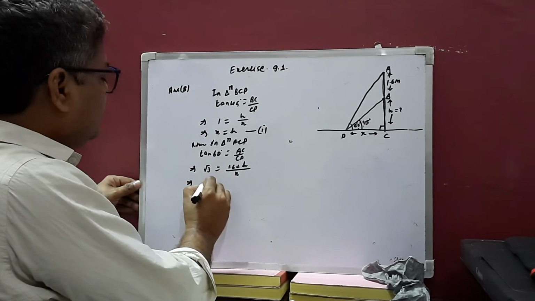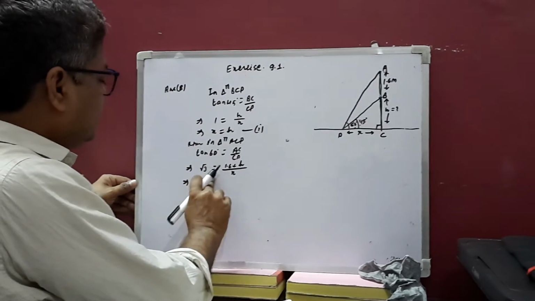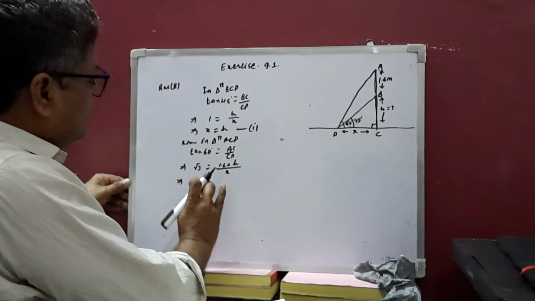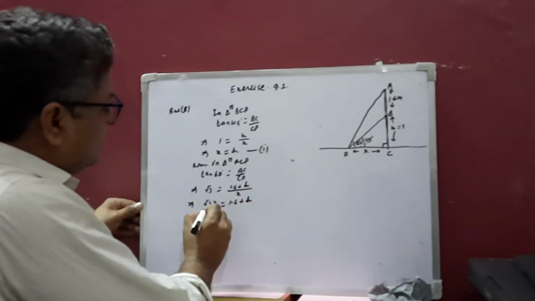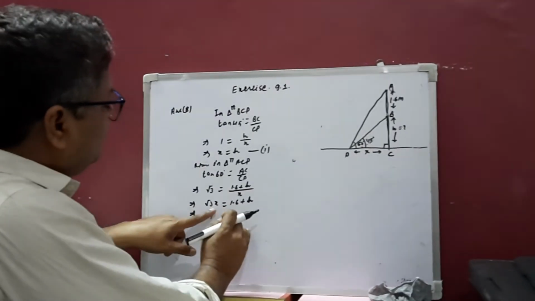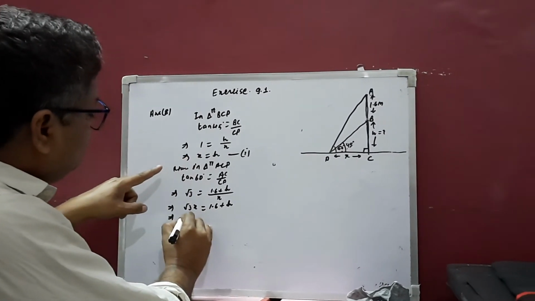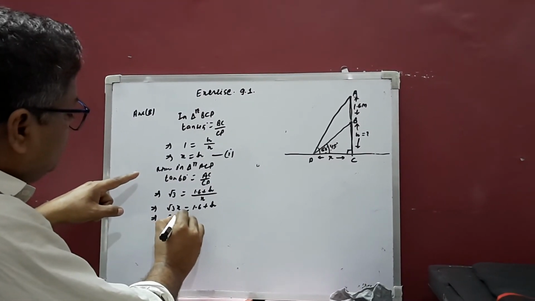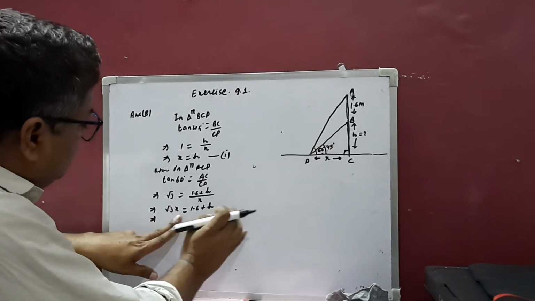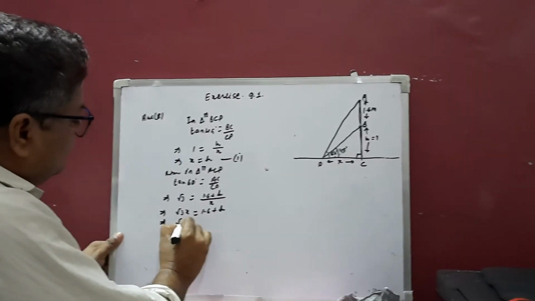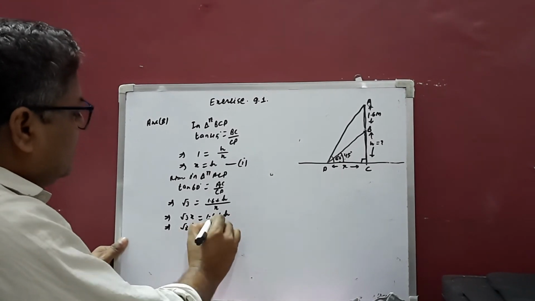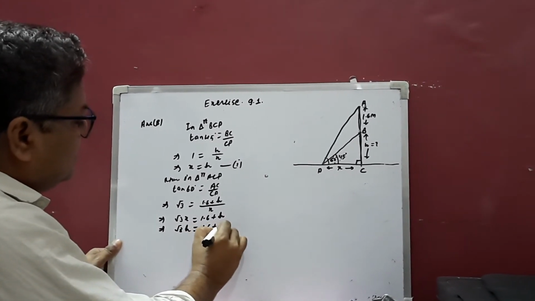Do the cross multiplication, root 3 x is equal to 1.6 plus h, and substituting the value of x from here, this is root 3 h equals 1.6 plus h.